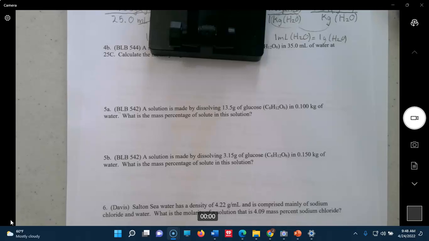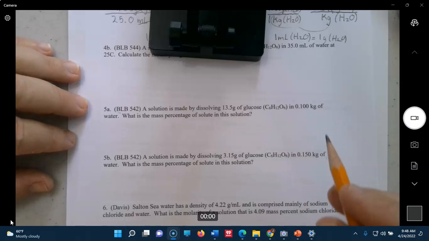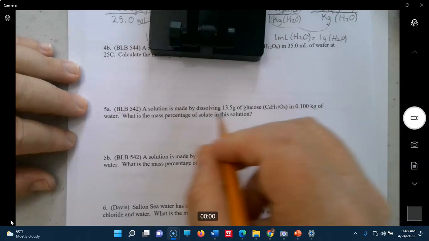A solution is made by dissolving 13.5 grams of glucose, so that's the solute, in 0.1 kilograms of water. What is the mass percent of the solute in this solution? Okay, so let's write down the formula for mass percent.